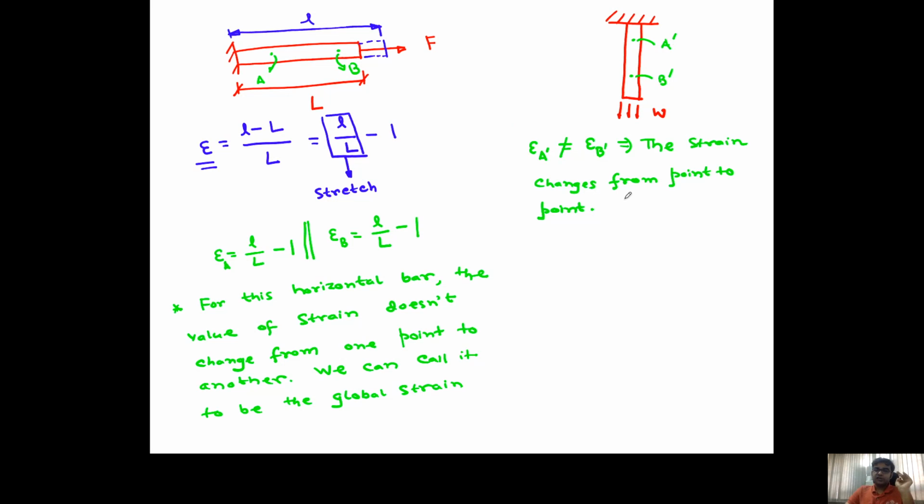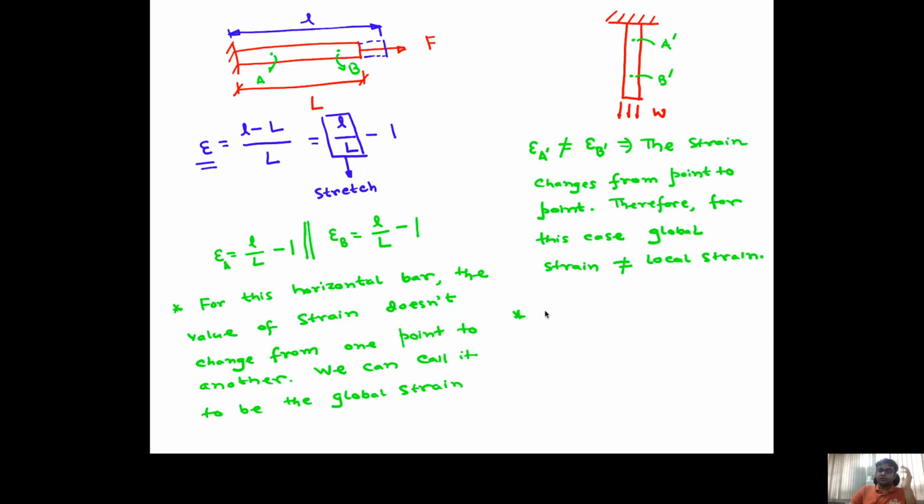It means in this case, therefore, global strain is not equal to local strain. So basically the point that I'm trying to make is that in a general setting, the value of strain will change from one point to the other.